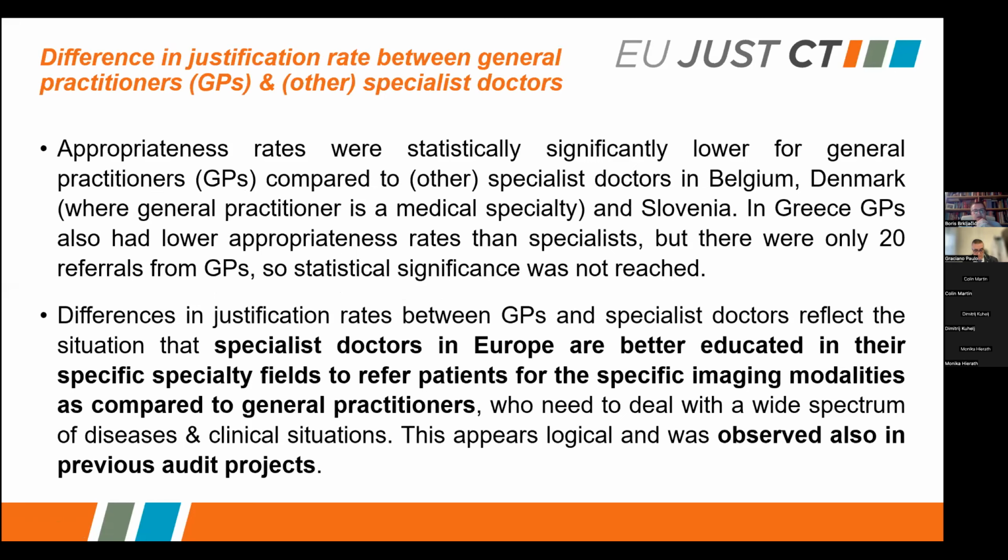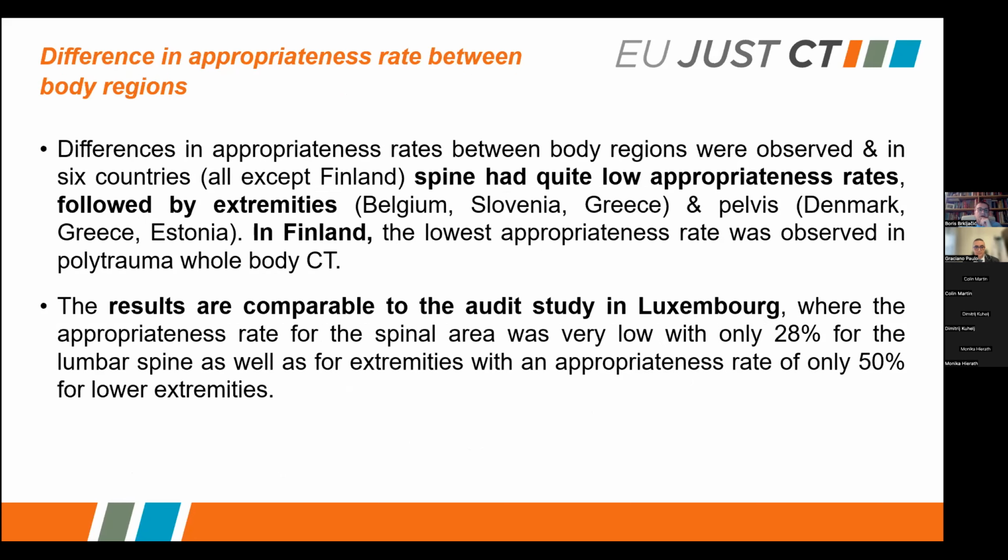And basically, this reflects the situation that specialist doctors in Europe are better educated in their specific specialty fields to refer patients for the specific imaging modalities as compared to general practitioners, because general practitioners need to deal with a wide spectrum of diseases and clinical situations. This appears logical, and this was also observed in previous audit projects.